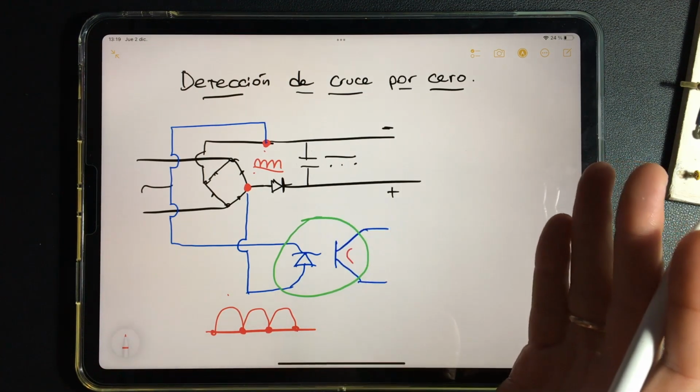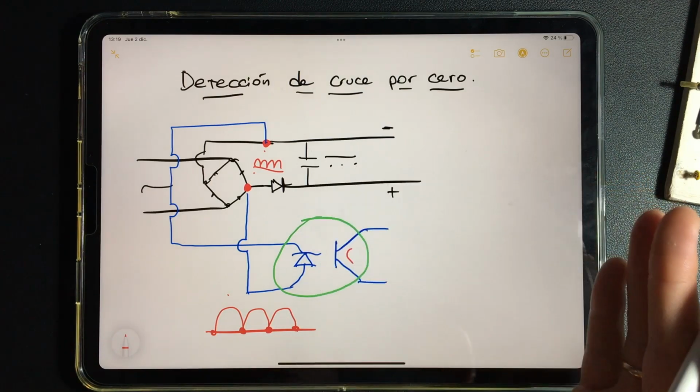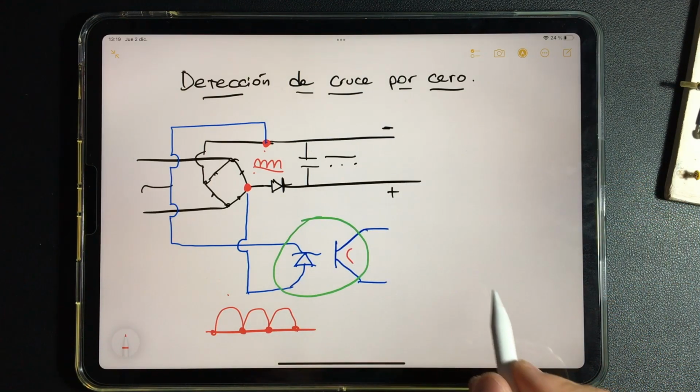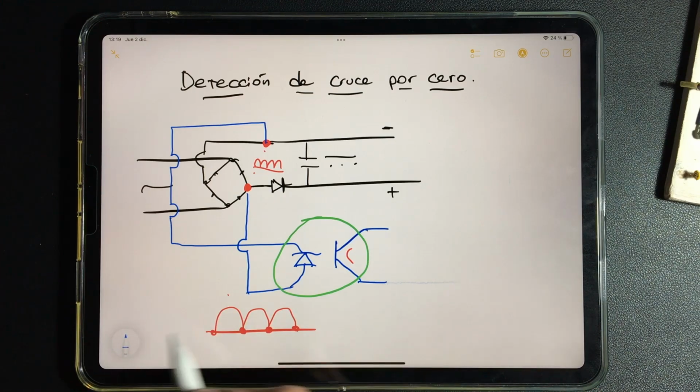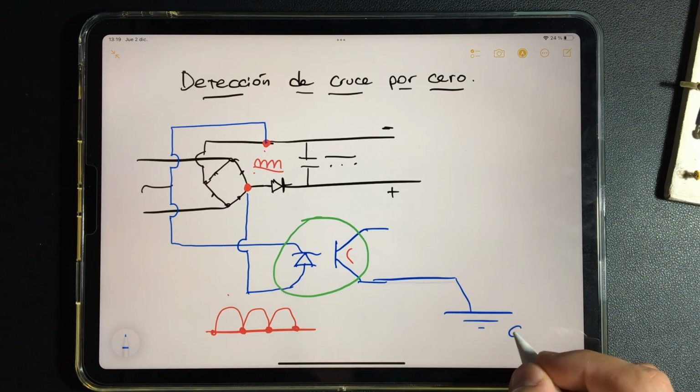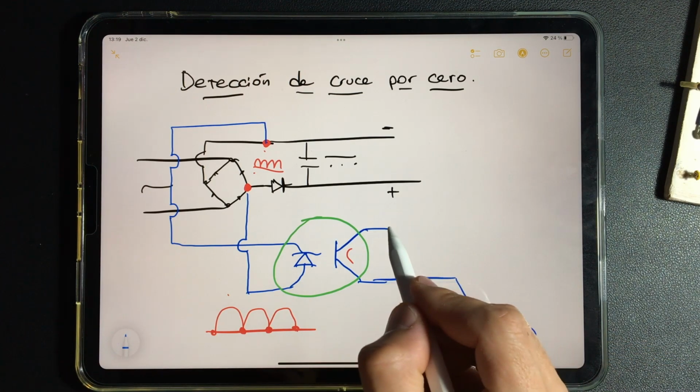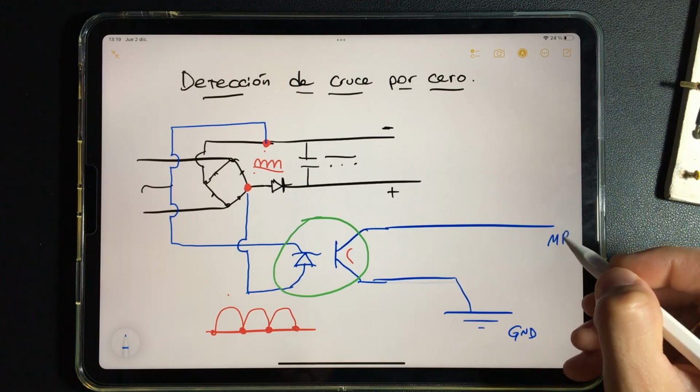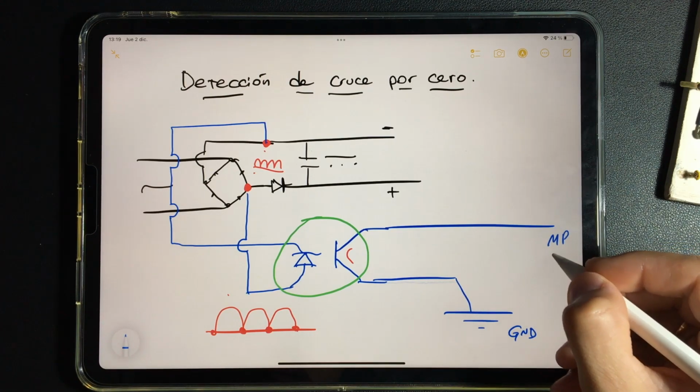And what is on the other side? On the other side we will find the following. On the one hand we will go to the negative or GND. And on the other hand, we will go directly to the microprocessor, the integrated circuit.